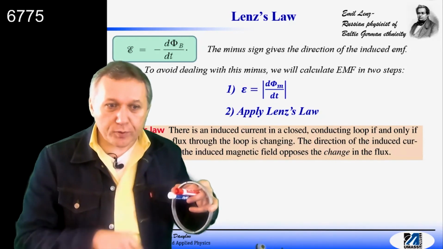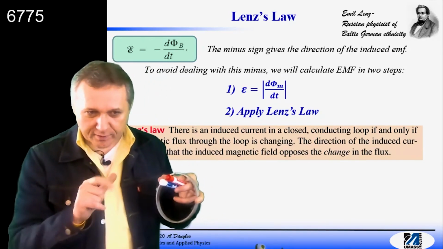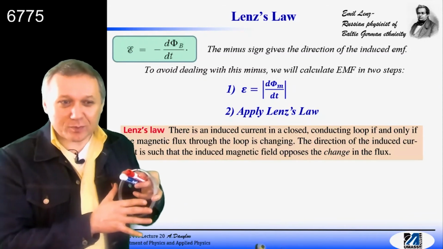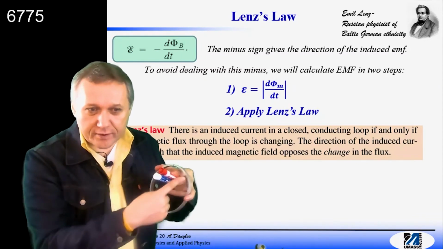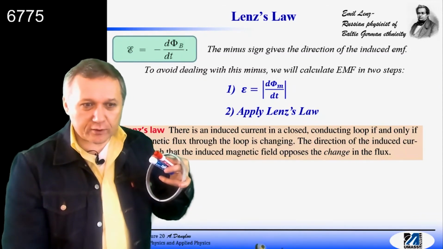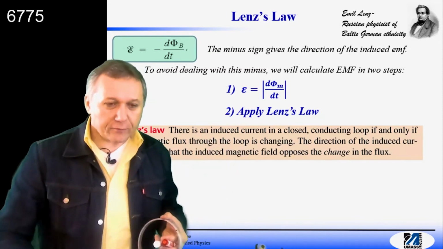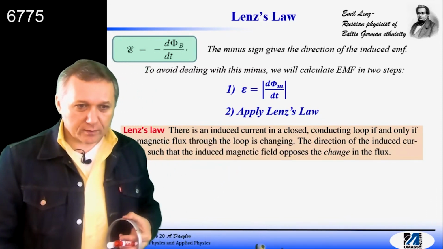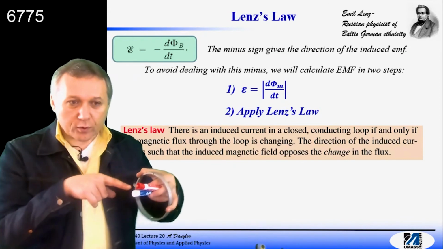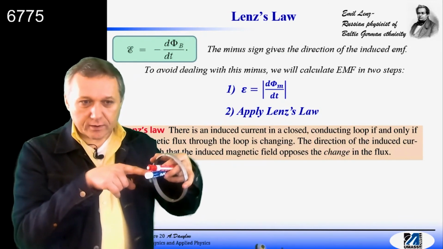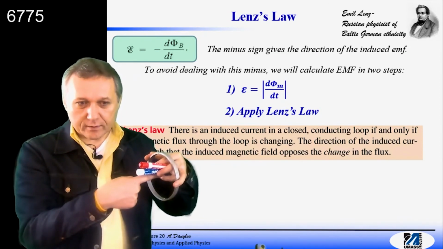Why within the loop? Because the system is trying to suppress the flux. Flux is within the loop. What is happening outside of the loop? Who cares? The flux is within the loop. Right, so the induced magnetic field, in this case, will be that way.